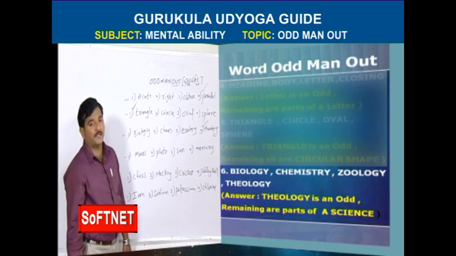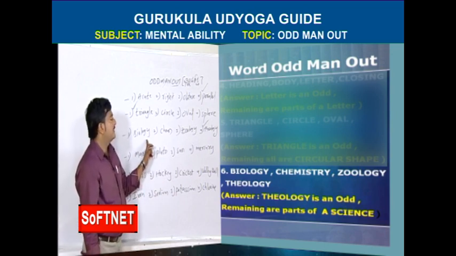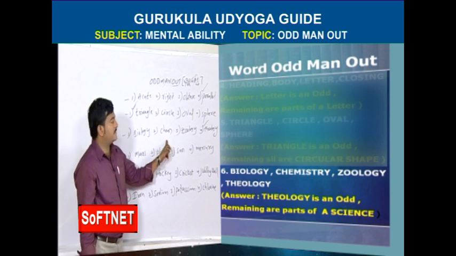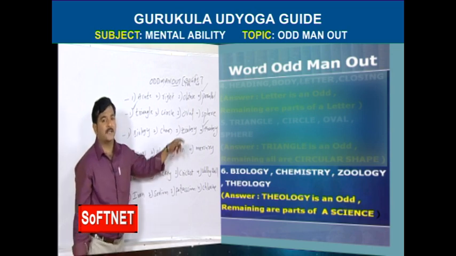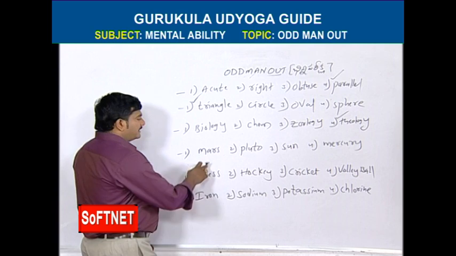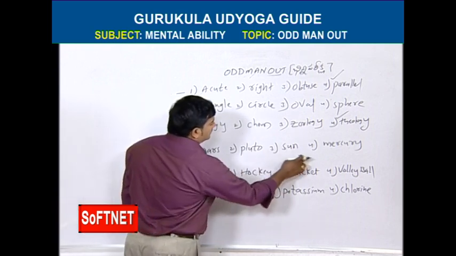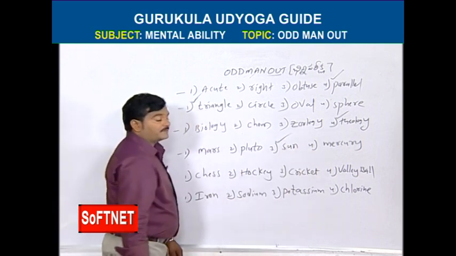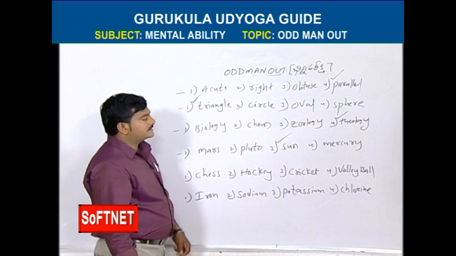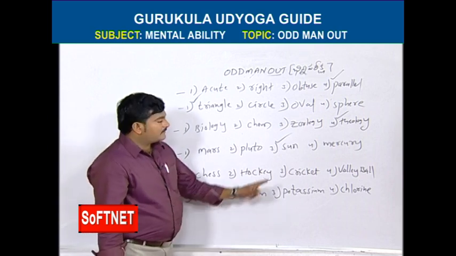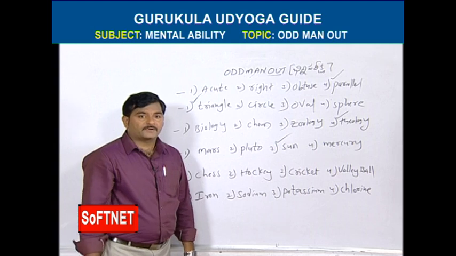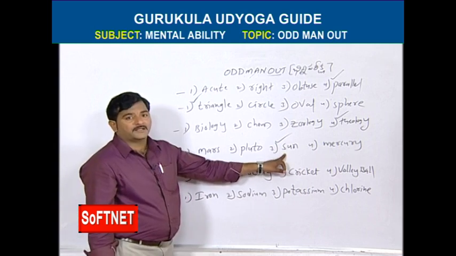It is purely different from these three. Similarly, Mars, Pluto, Sun, Mercury. It is very simple, no explanation is required. The answer is Sun. It is a star, whereas the remaining are planets.